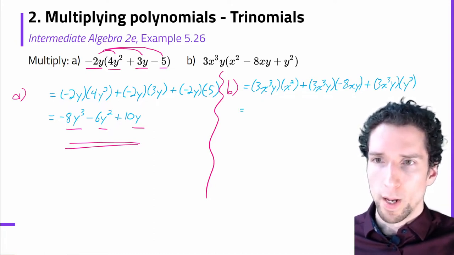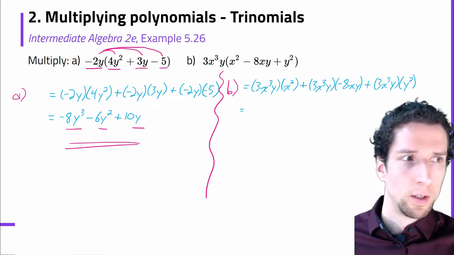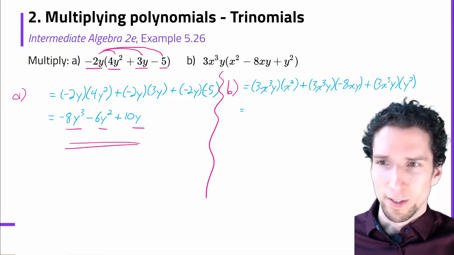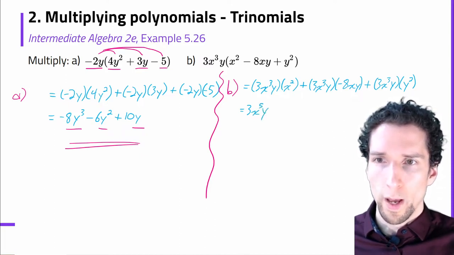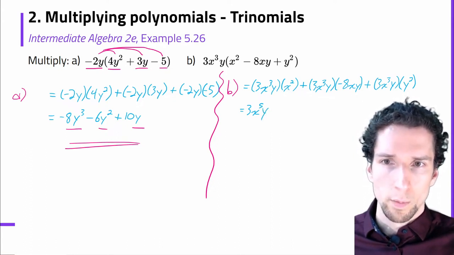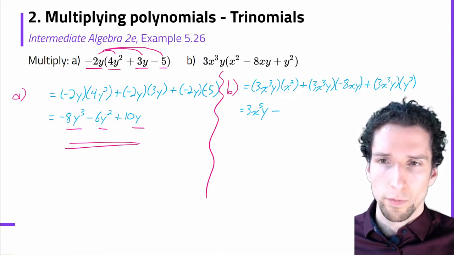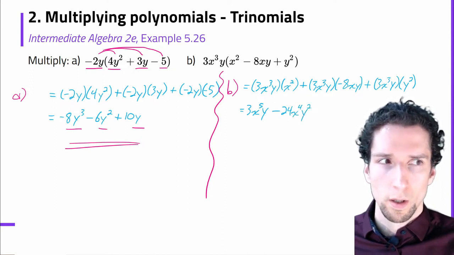Okay, so then actually multiply all these things together. 3 and x cubed times x squared, that'll be 3x to the exponent 5 and just y. Plus the next one, not plus actually, that will be negative. So positive 3, negative 8, so minus 24x to the exponent 4 and y squared.